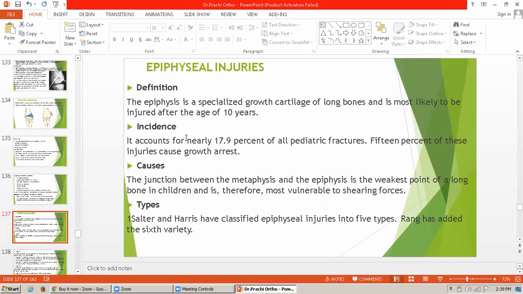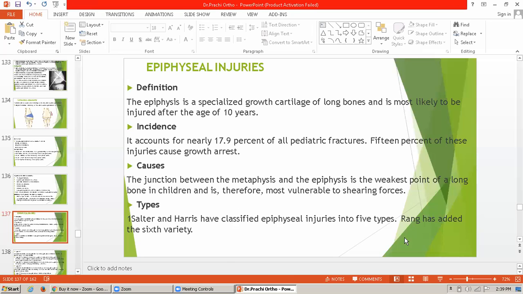Causes of these are: the junction between the metaphysis and the epiphysis is the weakest point of a long bone in children and is therefore the most vulnerable to shearing forces. And types: Salter and Harris have classified the epiphyseal injuries into five types.